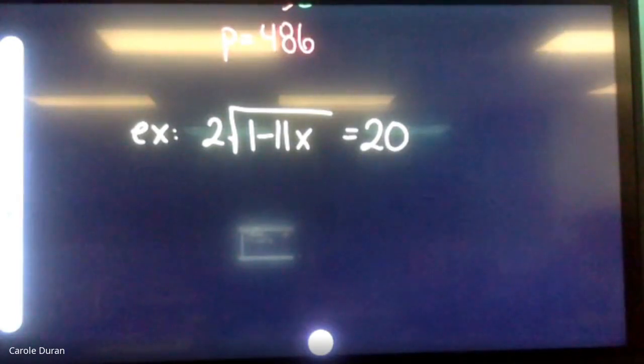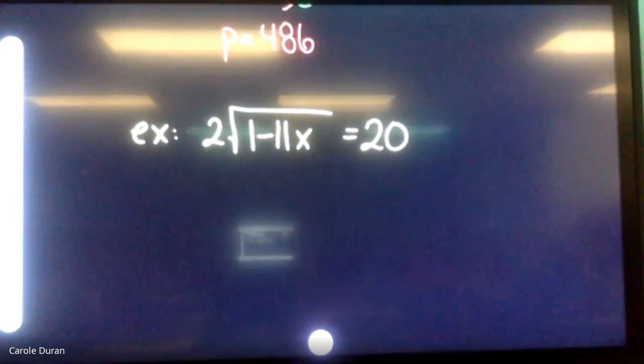We know we have to square to get rid of the square root, but there's a 2 on the front, and that kind of throws me off a little bit. So my suggestion is actually to get rid of the 2 before we square. My rule is that I typically like the radical or the square root sign to have nothing in front of it when I start to square it.